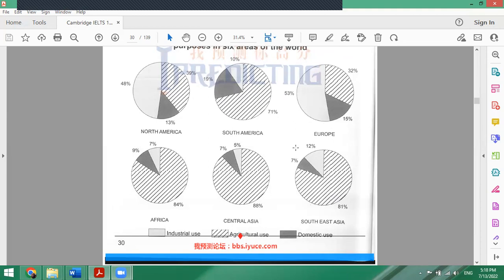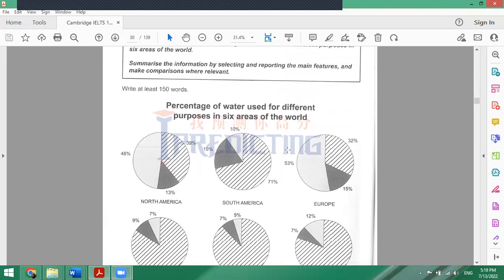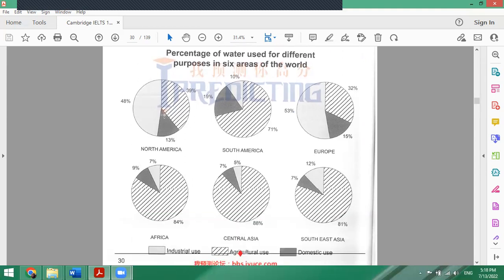Okay, you introduced the topic, and then you wrote the second paragraph by saying overall. So what's the overall here? Overall paragraphs always ask about the main points, as it says here. Reporting the main features. When you report the main features, what are the main features here? If you look at these 6 pie charts, you will see the highest amount of the place has been occupied by the striped image, that is agricultural use.